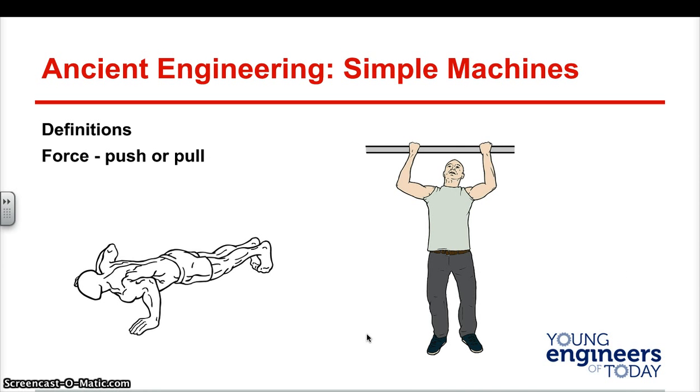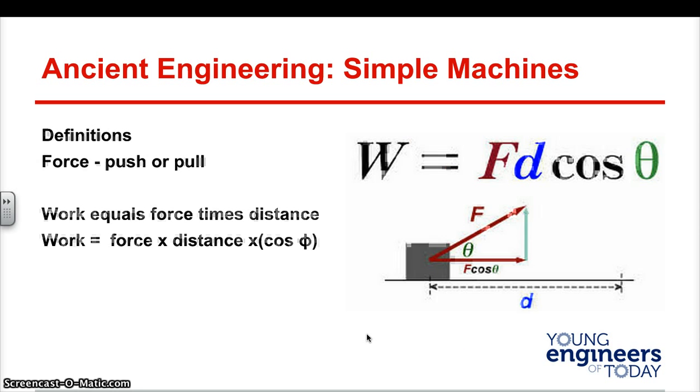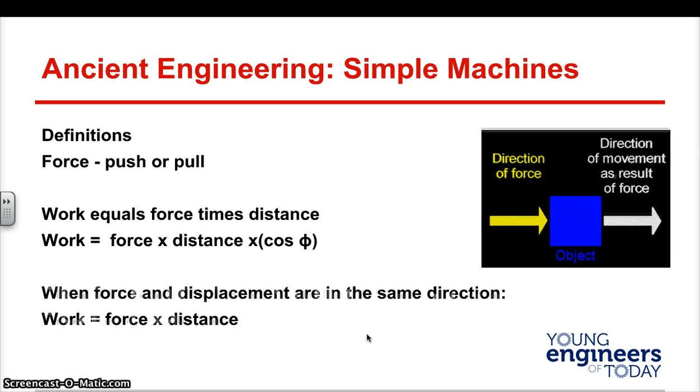Now, let's go over some terminology first before we continue. Definitions. Force. Force is a push or a pull, as an example in these images. Work. Work equals force times distance. With work, when force and displacement are in the same direction, work equals force times distance.